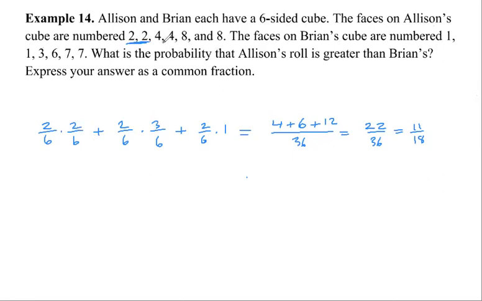If Allison chooses 4, you still have 2 options, that's 2 over 6. In this case, Brian could have 1, 1, or 3, which is 3 out of 6 options. And then the last one could be 8, so that's 2 over 6. When it is 8, anything is okay, which is 6 out of 6 or just 1. So that's basically the final answer.